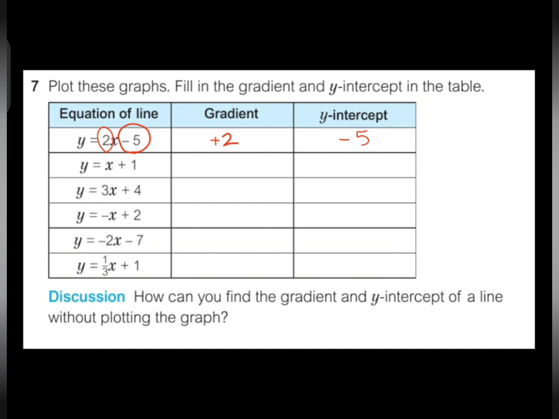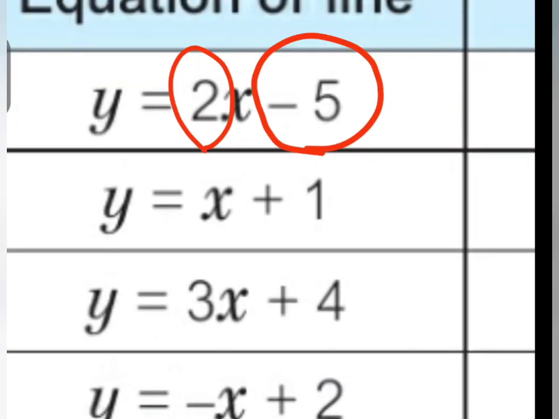As we said, the y-intercept is the number alone here, and the gradient is the coefficient of x, or the number multiplied by x. Now, find all of the equations using the same idea. Now, let's take a look here. The gradient is the number multiplied by the x, so it's 1 here.